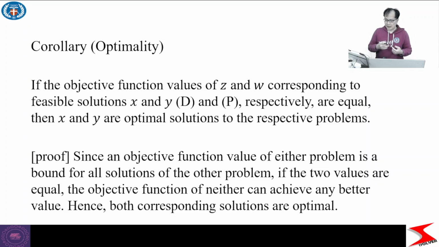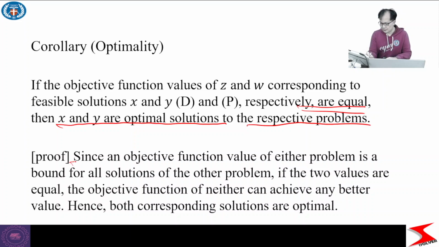If the objective function values of Z and W, with corresponding feasible X and Y in the dual and primal respectively, are equal, then X and Y are optimal solutions for the respective problems. So what is the proof?